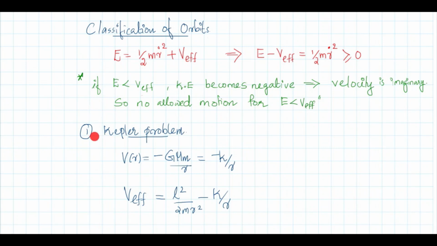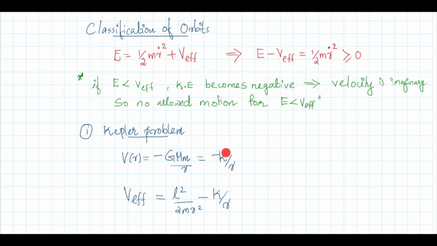First we will consider the case of the Kepler problem. The potential for a central force problem will be a function of r only, and if it is of the form V of r equal to minus GMm by r, where GMm is constant, so we can write it as minus k by r.